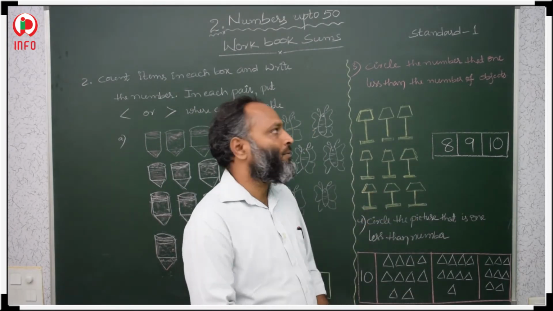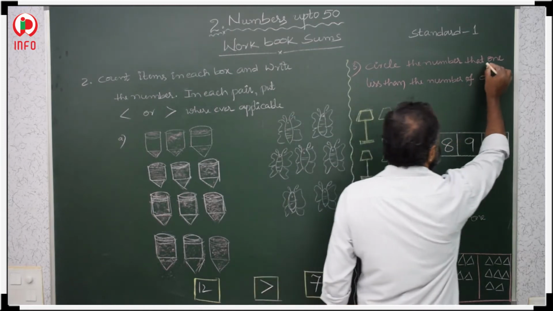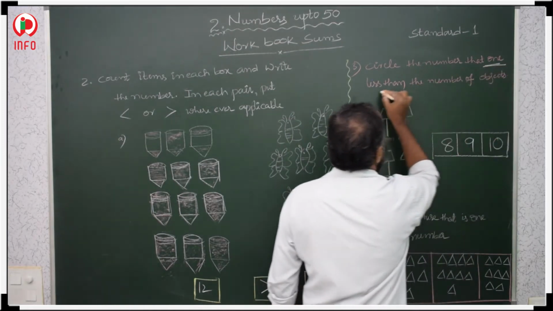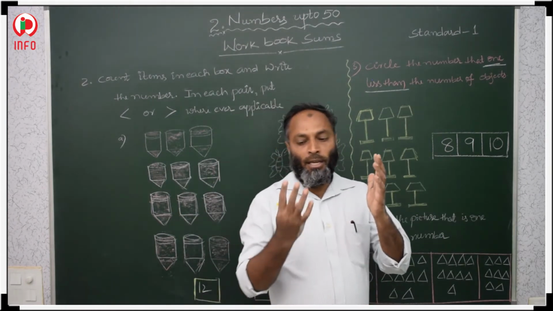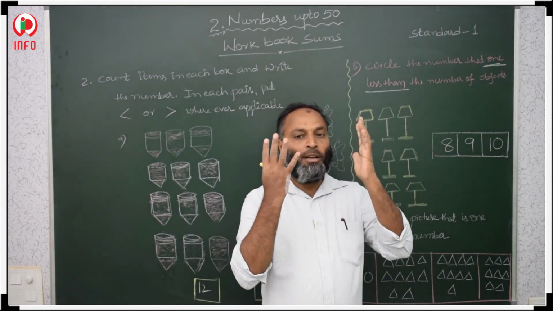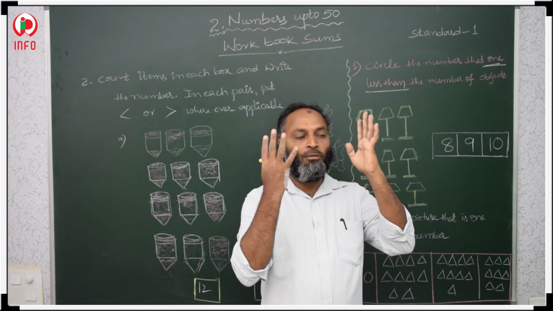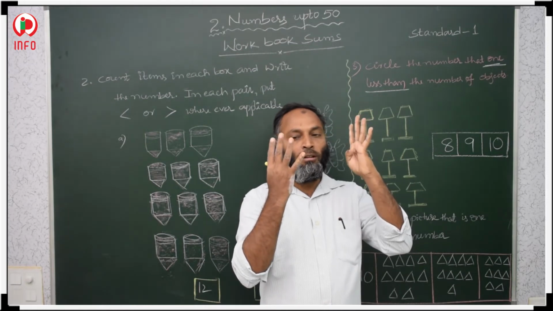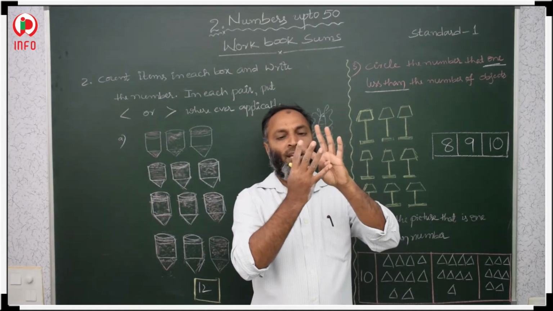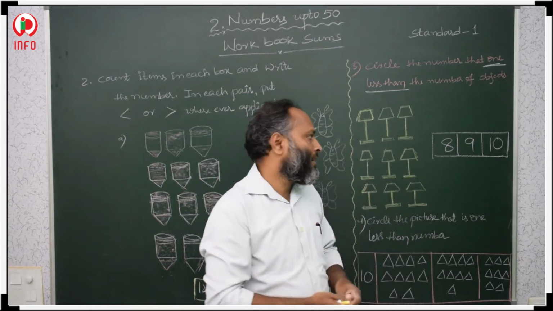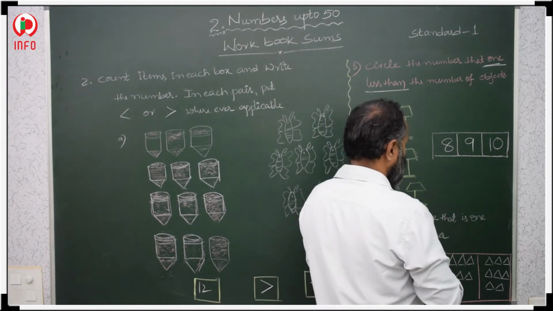Total 9 lamps were there. One less than 9 means remove 1. Then how many will come? 1, 2, 3, 4, 5, 6, 7, 8. 8 is our answer. That 8 we have to circle.